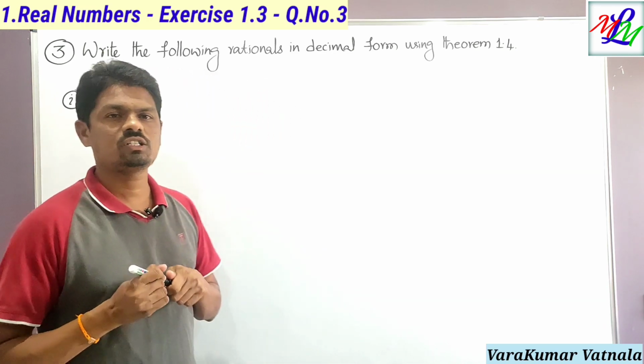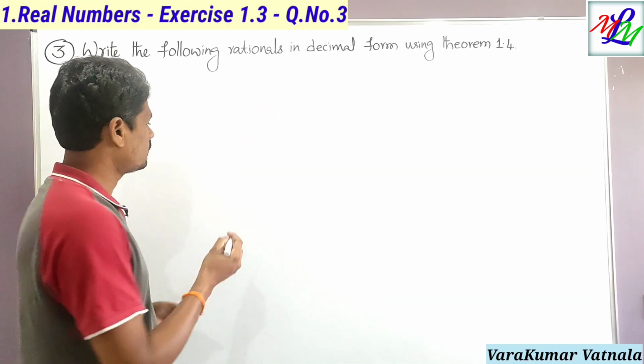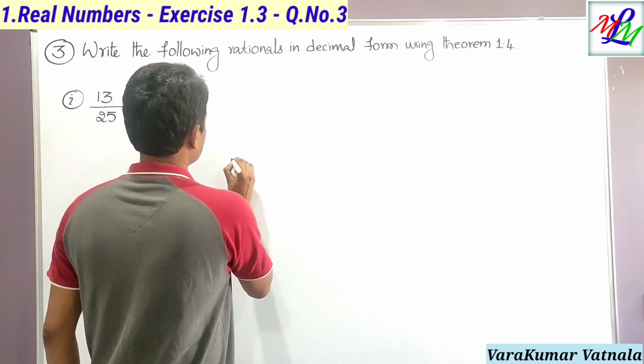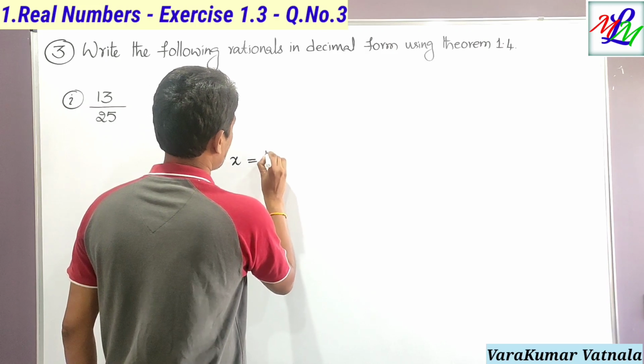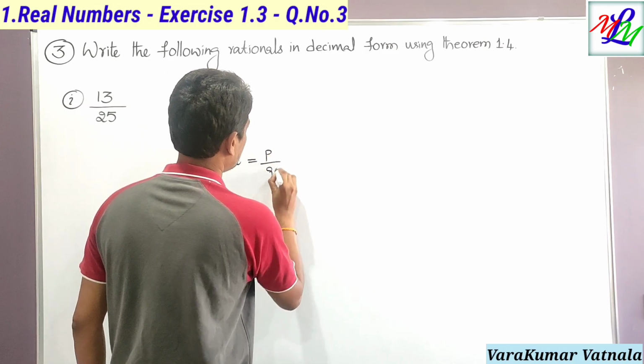Theorem 1.4 says: if x is any rational number, then it is of the form x equals p by q.